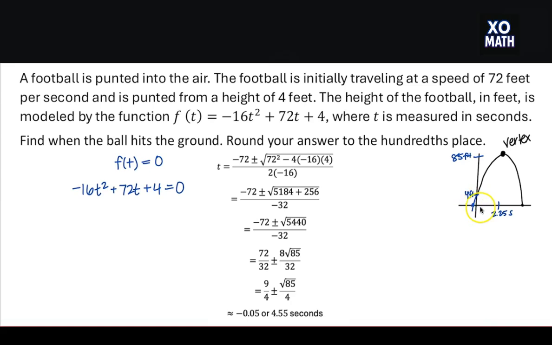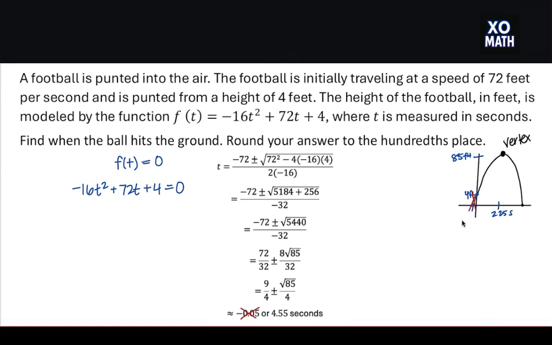So it looks like that t-axis intersection location is going to be negative 0.05. But that doesn't apply to our problem. We wouldn't have a graph over here on the left side because t, or time, would be negative, and that doesn't really make sense. So that's why we don't graph that portion in our model. So we're going to ignore that value or anything to the left of that vertical axis.